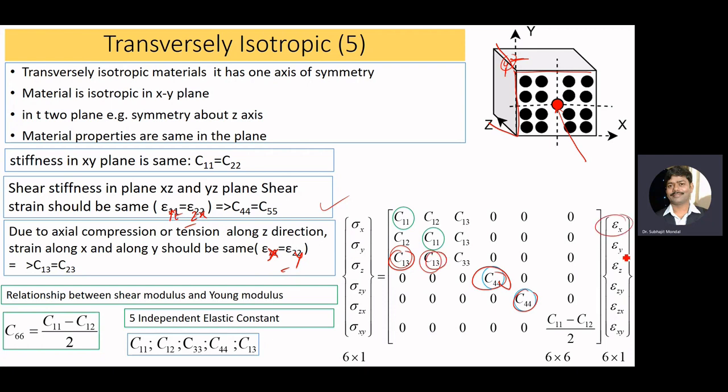One more thing we observe is that C66 comes as C11 minus C12 by 2. So for a transversely isotropic material, we have a total of 9 minus 4, meaning 5 independent elastic constants.